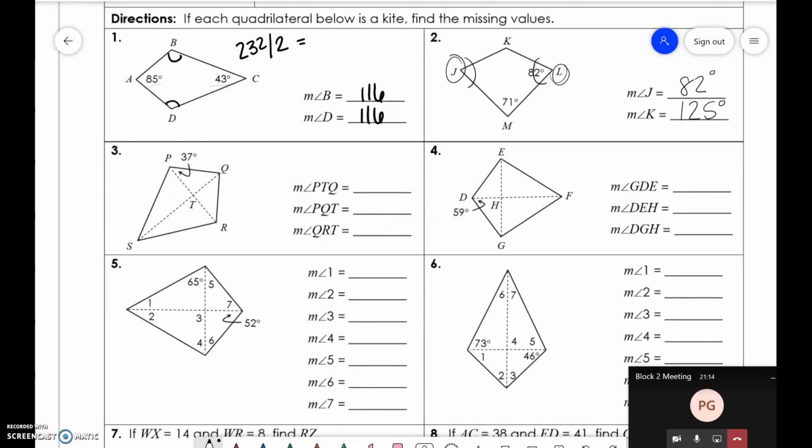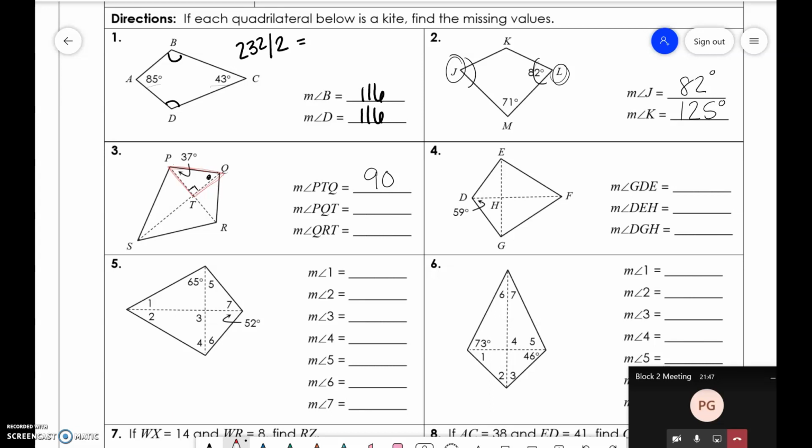Okay. Now we're on other angles here. PTQ is this angle here. Diagonals are perpendicular, so that is 90 degrees. PQT is this angle. We have this red triangle that I'm drawing, whose interior sum is 180.